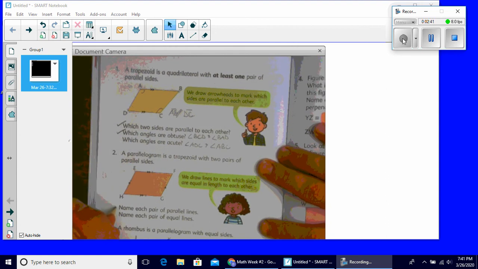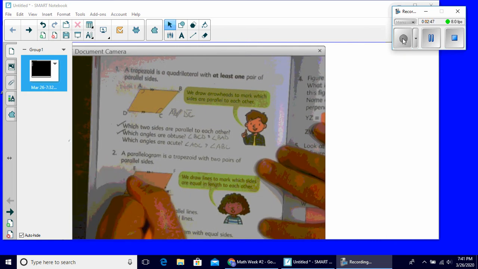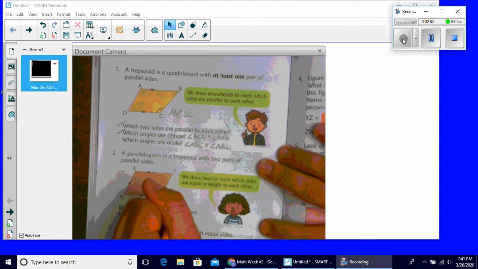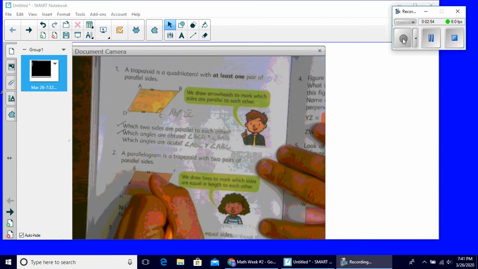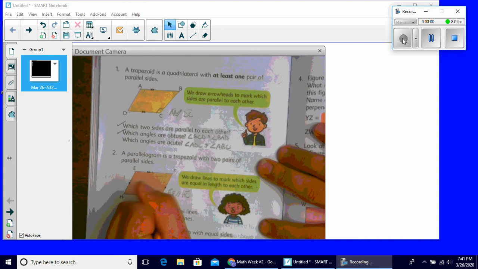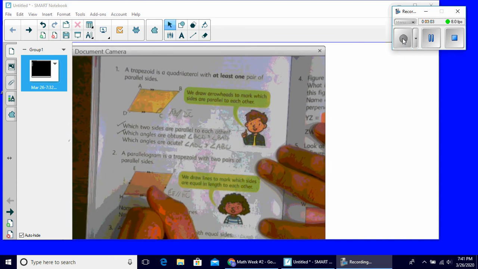The first question, name each pair of parallel lines. So we just said line EF is parallel to line HG, and line EH is parallel to line FG.